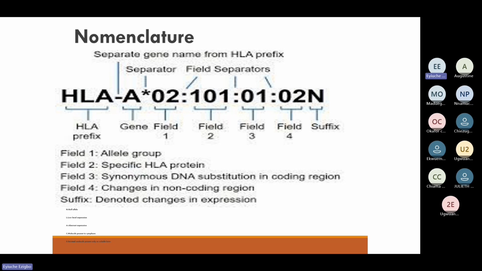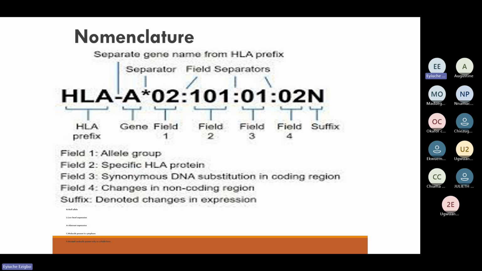Field 4 is changes in non-coding regions, and the suffix denotes changes in expression, whether it is low expression, abnormal expression, and so on. With this nomenclature, someone will be able to tell the gene and all characteristics associated with it: the protein, the allele group, and everything associated with the gene.